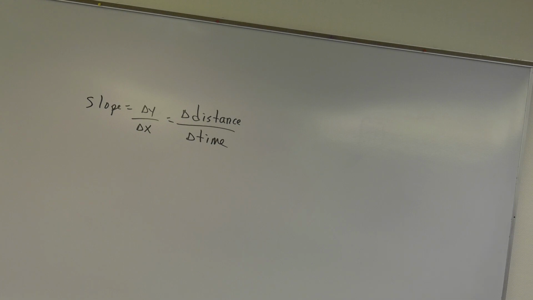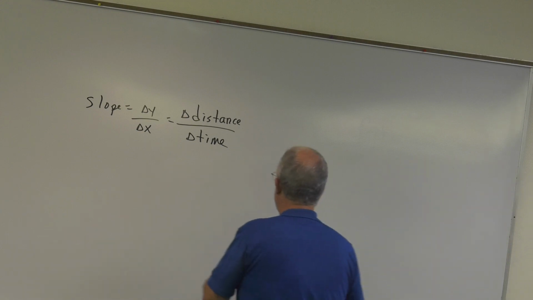I'm saying this is the final point and this is the initial point. So the change in distance is minus, what's the distance here? Minus 15. What's the distance here? Minus 5. So minus 15 minus a minus 5 is minus 15 plus 5, which is minus 10 meters.